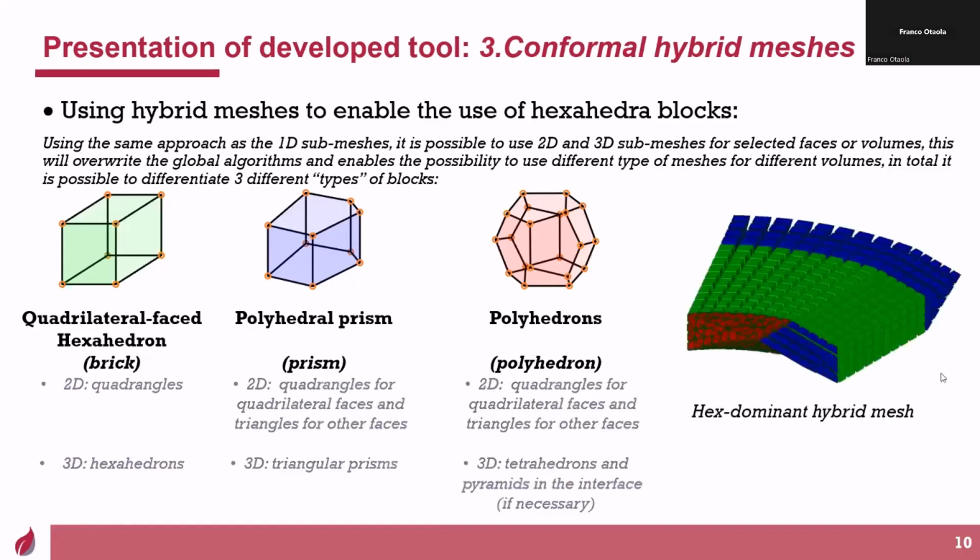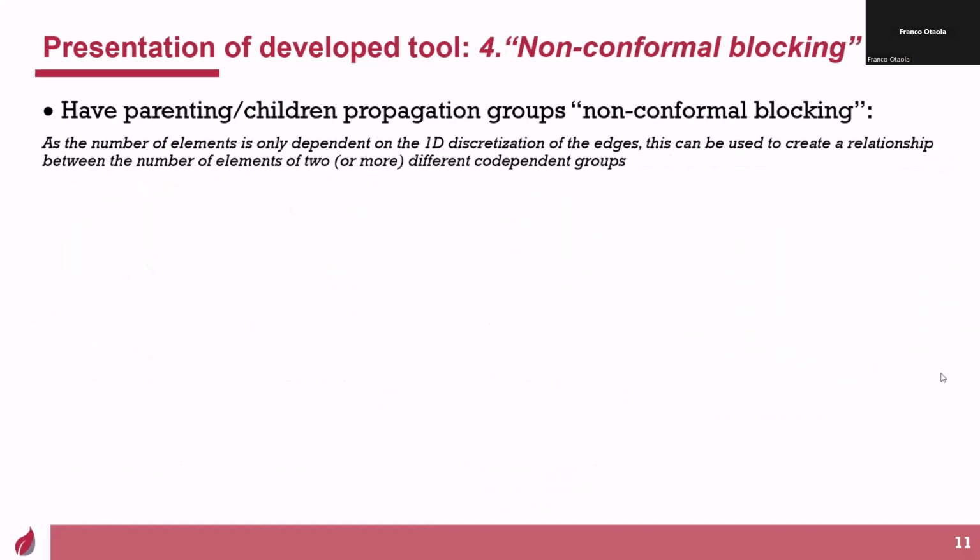So we can achieve a more complex geometry, mostly dominated by structured mesh, but also have other types of elements in the parts that are too complicated to mesh with a structured mesh.